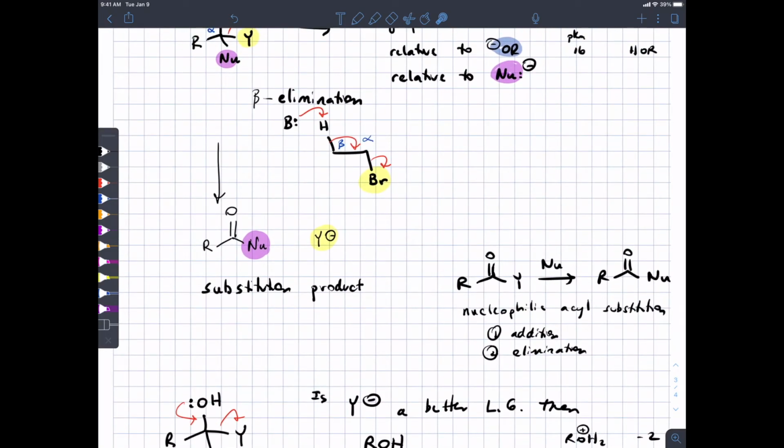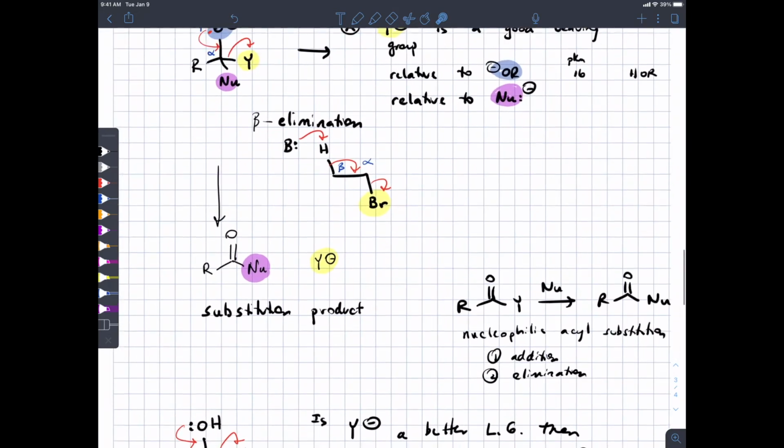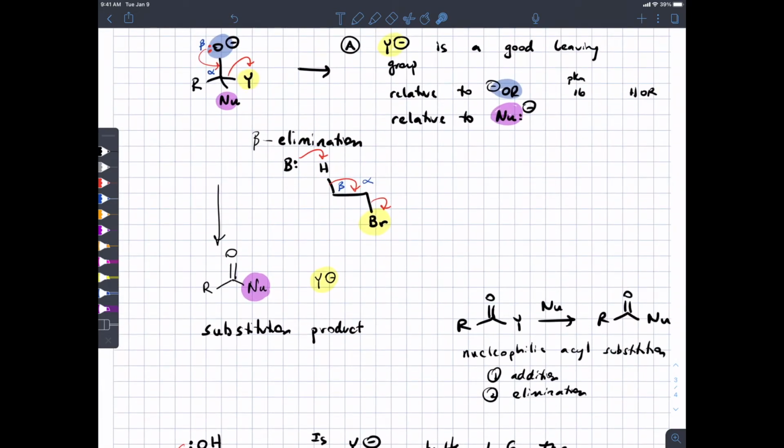An example of a case where the negatively charged oxygen is strong enough to kick off a leaving group would be this example. Let's have a methyl group here. Let's suppose the tetrahedral intermediate is this. Okay. And the nucleophile was that, and the leaving group is this.